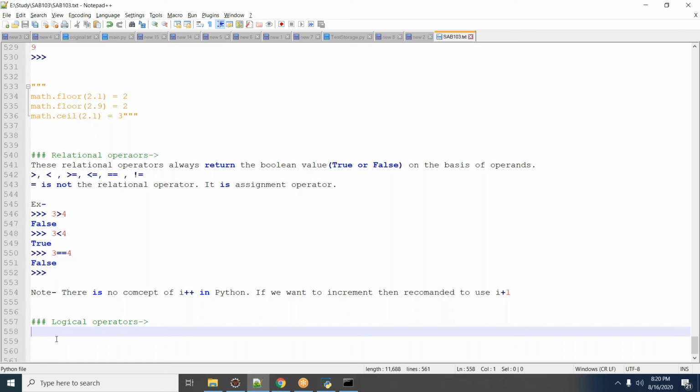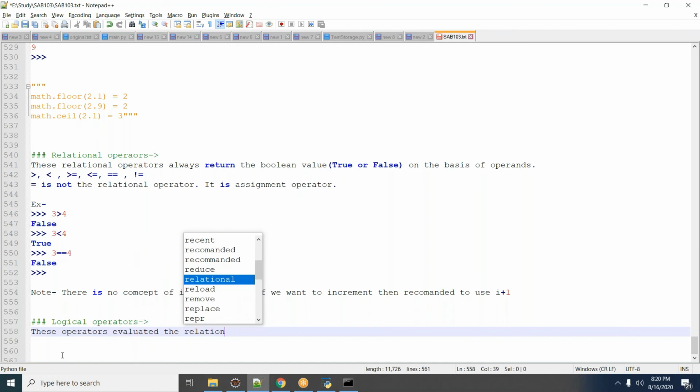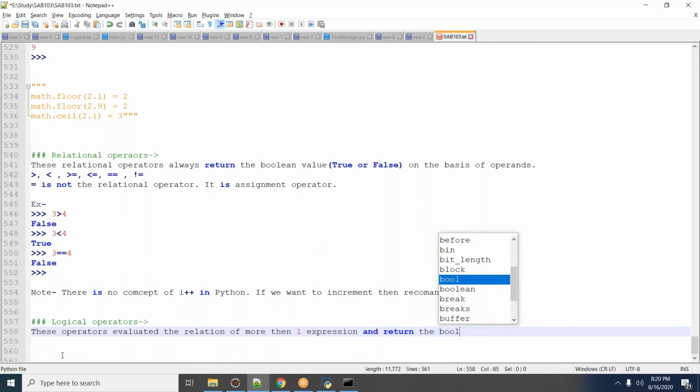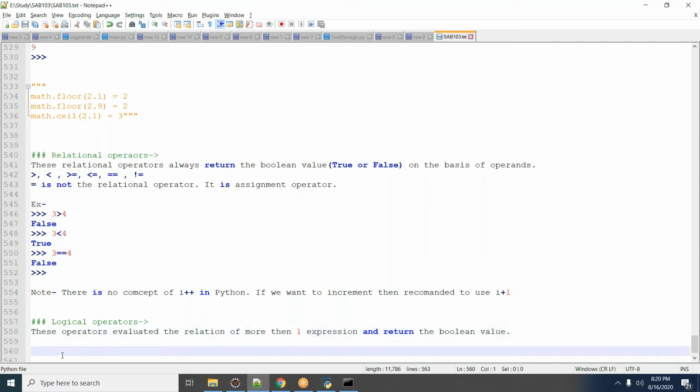These logical operators evaluate the relation of more than one expression and return the Boolean value.